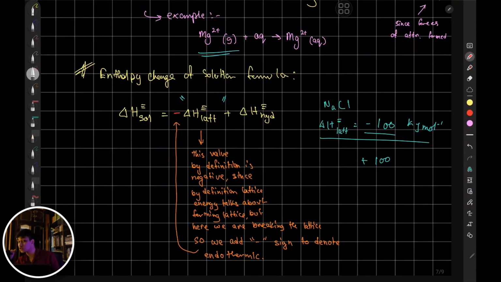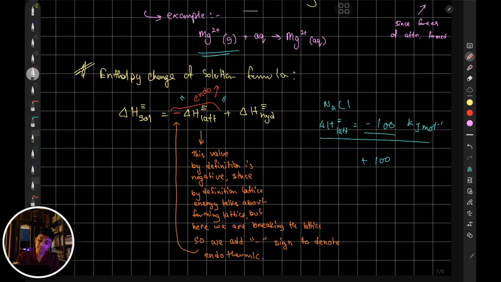Now, as I've already mentioned before, enthalpy change of solution can be both endothermic and exothermic. Why? Let's say del H lat, which is in this case the endothermic process or the dissociation. So it's going to be a positive enthalpy change, considering the minus sign, so it's going to be endo.